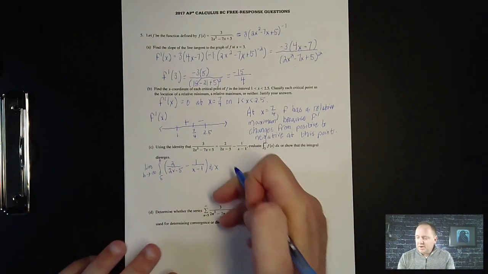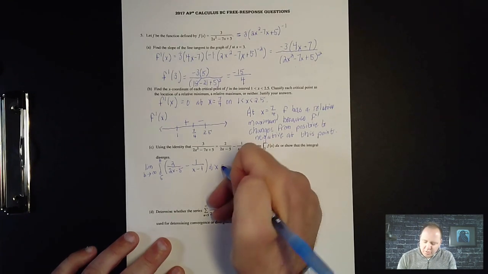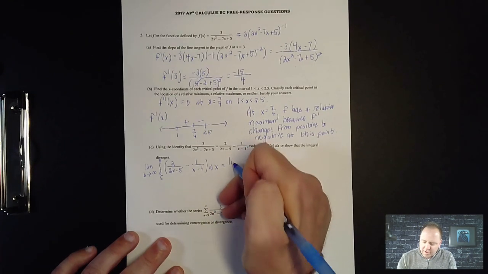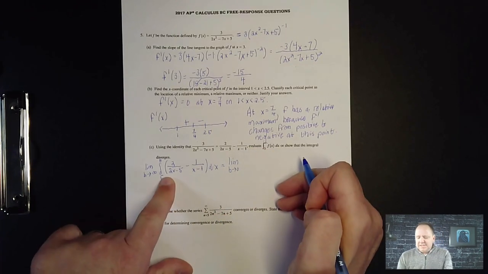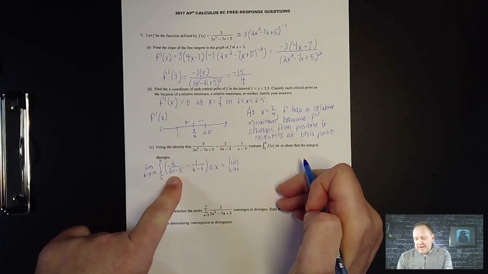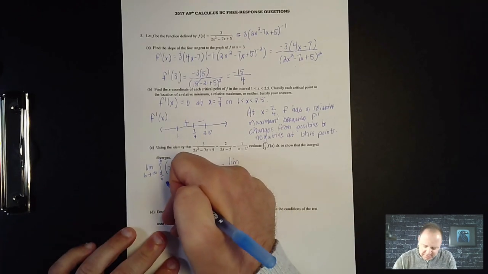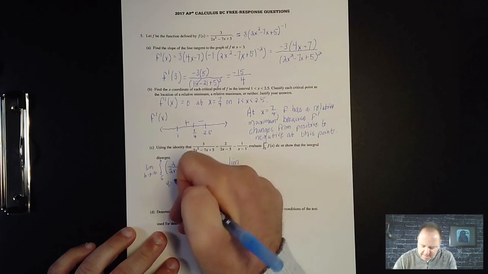Just be careful here. I don't know how good you are at, or how much practice you have at integrating this type. It's not just 2 ln of that. There's a substitution adjustment that needs to be made here.